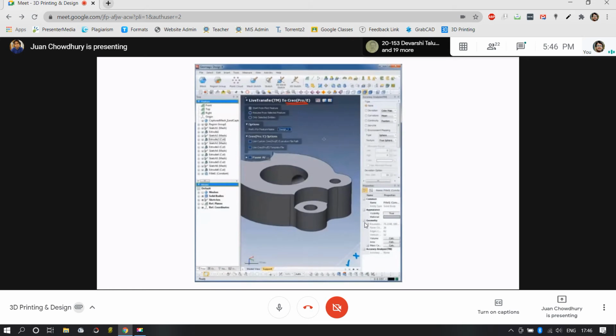For a simple model like this, it is as good as modeling the object directly in SolidWorks or AutoCAD, because it is not that complex. So for simple objects, do you suggest going for reverse engineering instead of directly developing it in 3D modeling software, or only for complex objects?